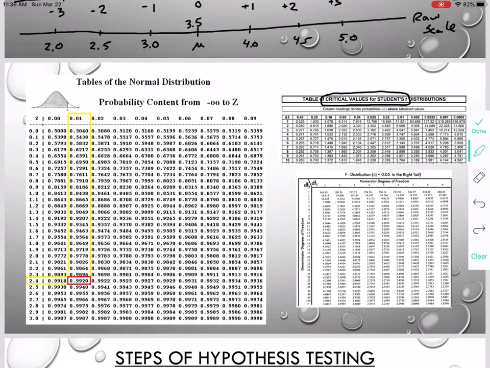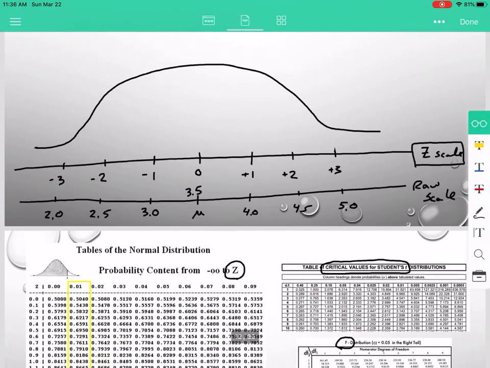If I was doing an ANOVA, then we're talking about F-scores, and this would be my standardized table for F-scores. Or if I'm using z, then I would use this one. So basically, the next step would be to find your critical value, and you would do that by going to a table that already exists.